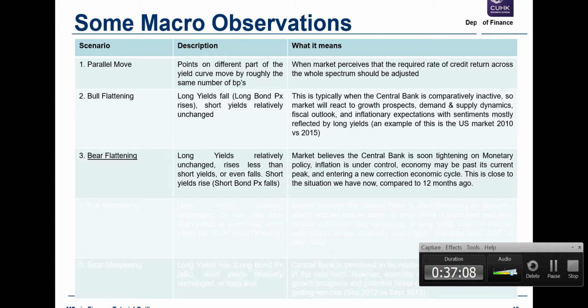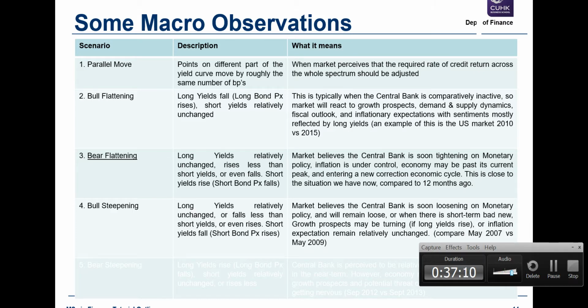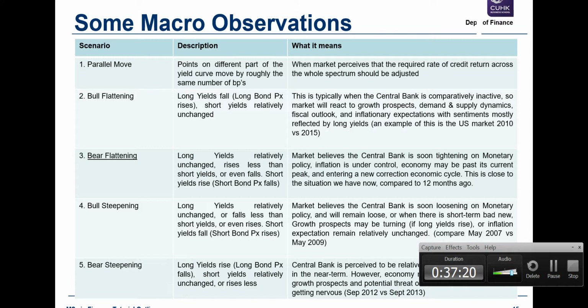Now then there's steepening. There's bull steepening, and you guessed it, the last one, bear steepening. So bull steepening: first of all, the curve is getting steeper. That's when long yields are not really changing much.